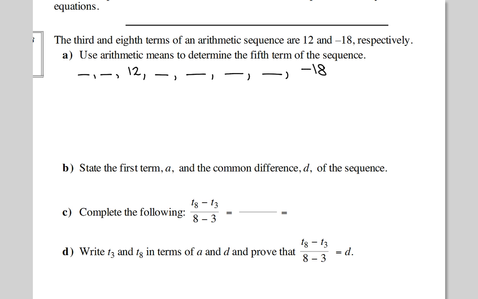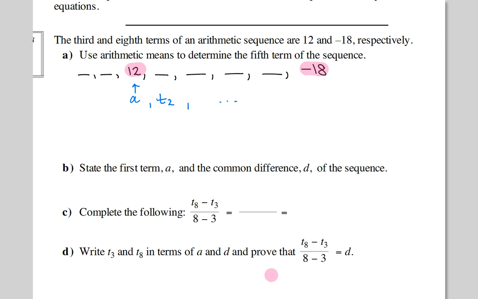Okay, so we're going to use arithmetic means, which basically means, if you recall, we allow 12 to be the first and negative 18 to be the last. So this would be A, T2, dot, dot, dot.